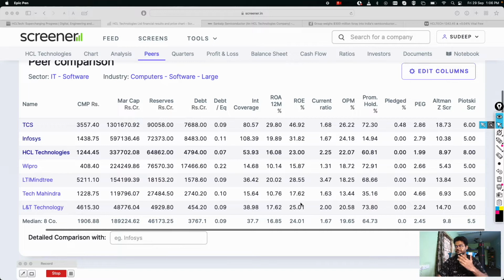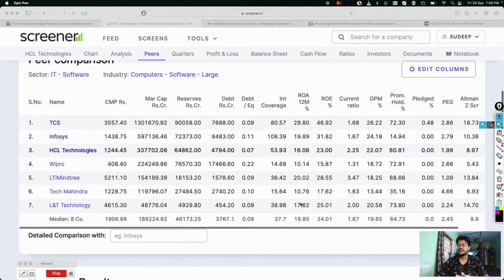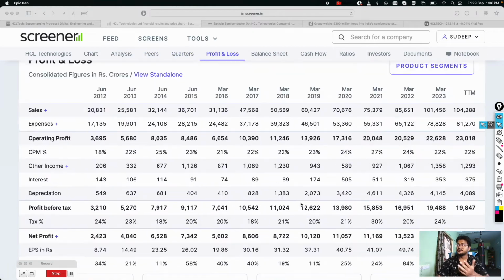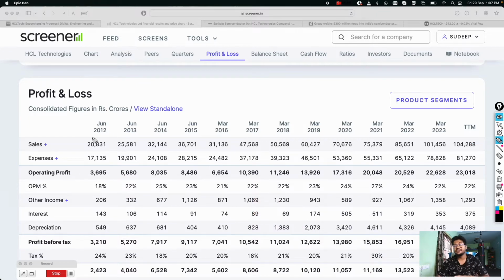So fundamentals wise, HCL Technologies is way better than average companies, and it is at a very good position fundamentally as of now. Now let's check the profit and loss statement to see if it is growing year on year or not. Starting with 2012, we can see the sales were 20,800, then it went up to 25, 32, 36, 31.